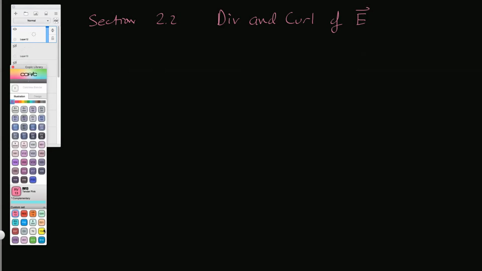If you all know what those look like, we'll just be a little bit more specific here. For a point charge, let's say this is a positive charge, they just go radially outwards.